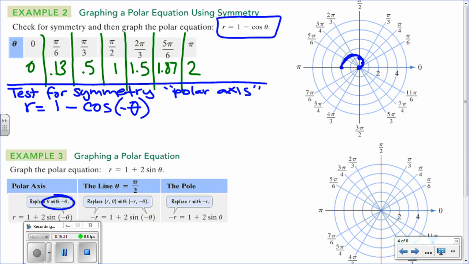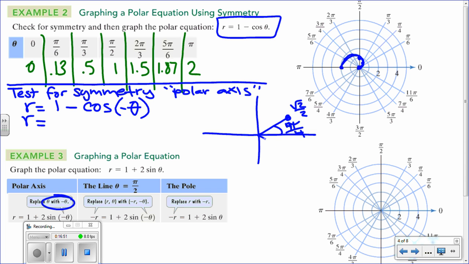Now, this is easy because you should know that cosine, for example, if I ask you what is the cosine of positive pi over 4, you'll know it's square root of 2 over 2.